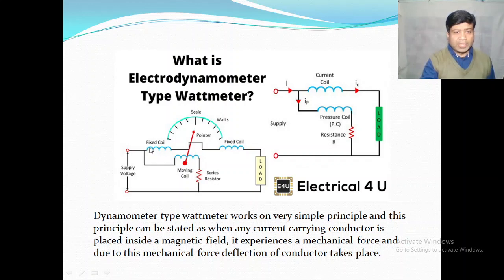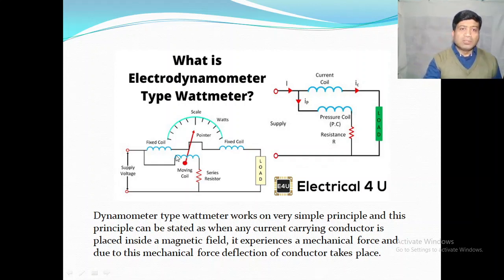Whenever there is a current in the fixed coil, it develops electromagnet type of properties. It develops a magnetic field basically. This first part develops a magnetic field, this second part develops a magnetic field, and the moving coil also develops a magnetic field.